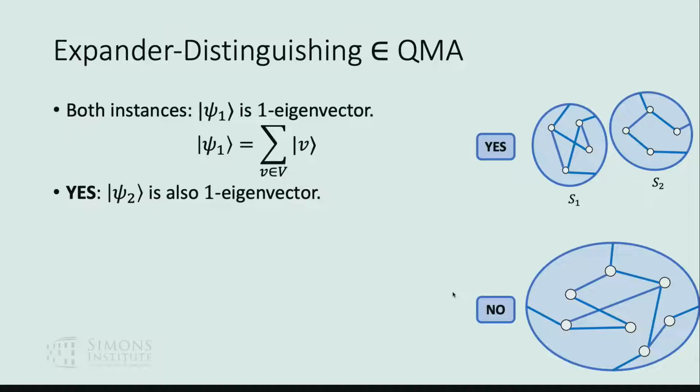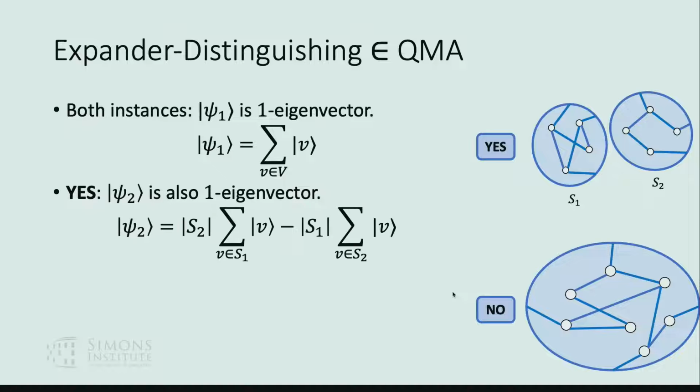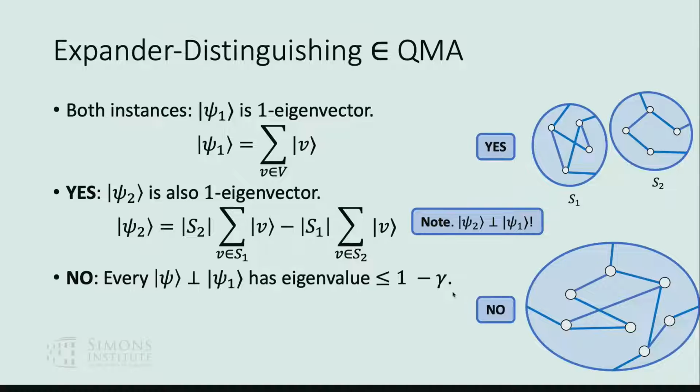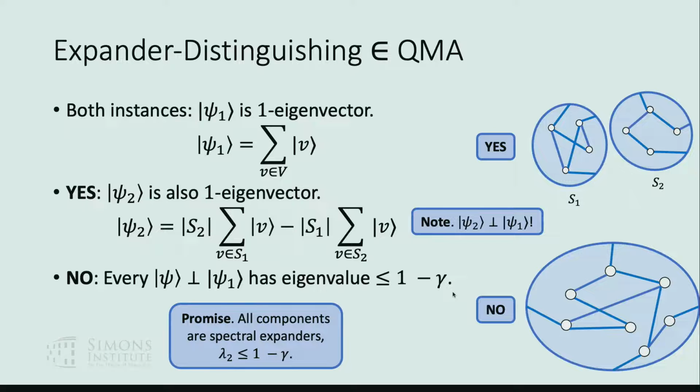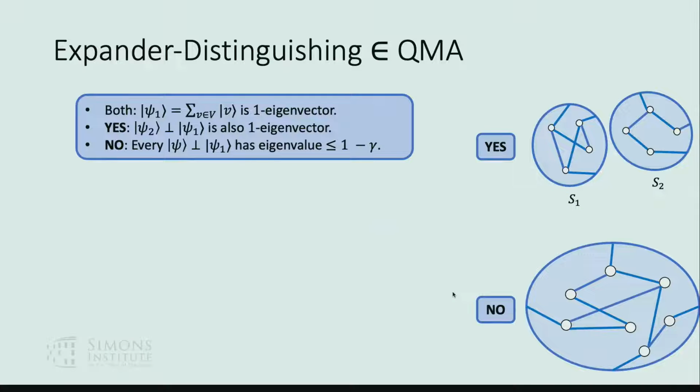And in the yes instance, we have another one eigenvector. Doesn't matter exactly what it is. It's just some combination of vertices in the left and the right, and also they're perpendicular, the first and the second eigenvector. Whereas in the no instance, every perpendicular eigenvector is going to have an eigenvalue bounded away from 1 because of the spectral expansion.